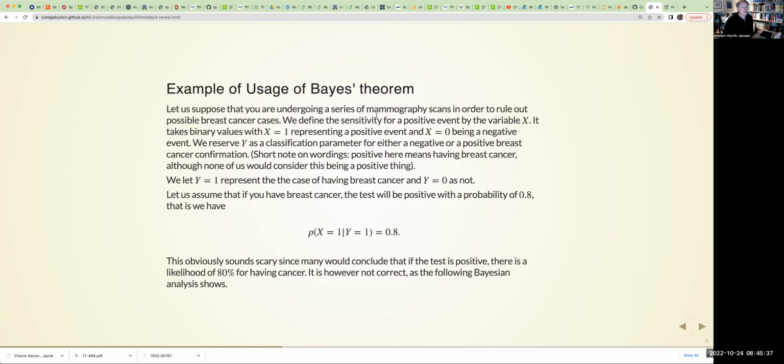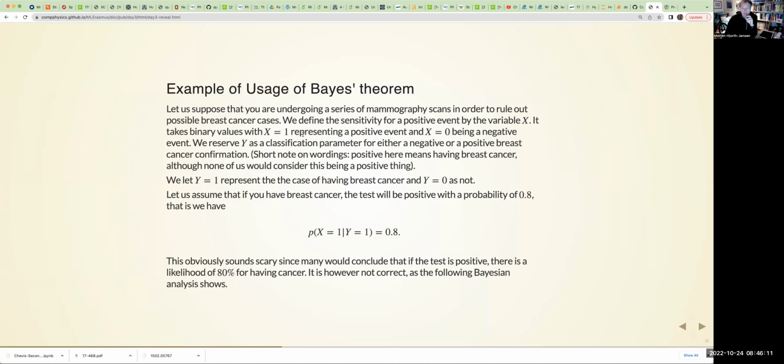These mammography scans are used to rule out breast cancer cases, and it's normally offered to every woman between 45 and 70 in most countries, at least in Europe and in Northern America. This is used to prevent or discover at an early stage breast cancer, which is unfortunately a very common type of cancer.